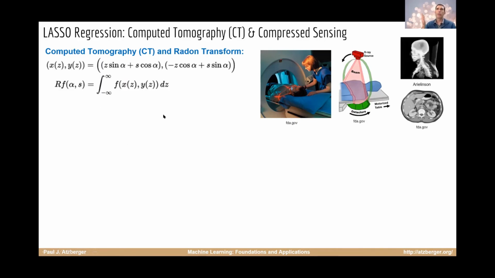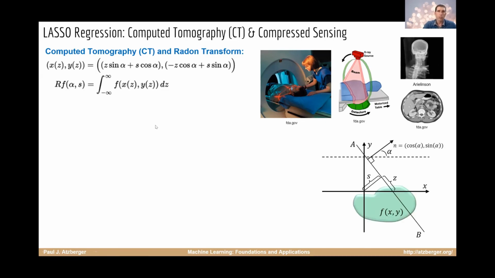The idea is that you have an X-ray or some other electromagnetic radiation that you've turned into a beam and shoot through a sample, for example a person's body, because you want to image something related to their internal organs or skeleton, and you want a three-dimensional reconstruction of that. You need to solve the inverse problem related to this Radon transform.